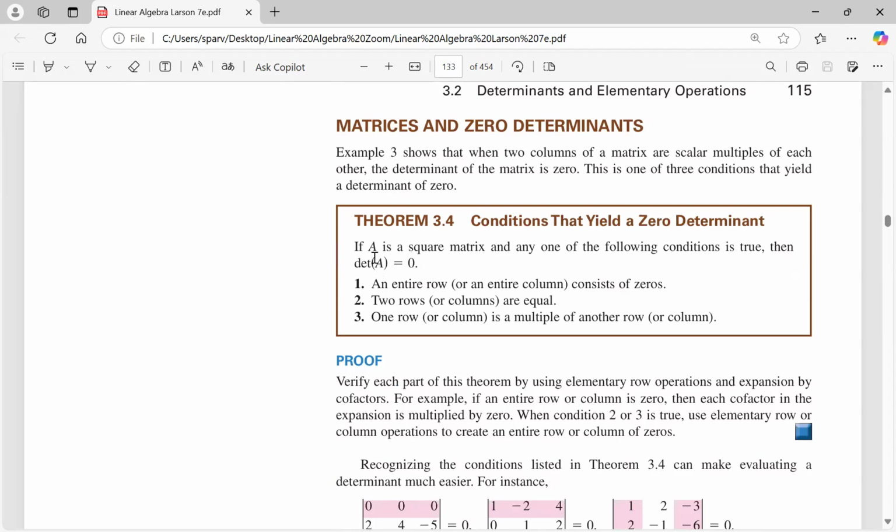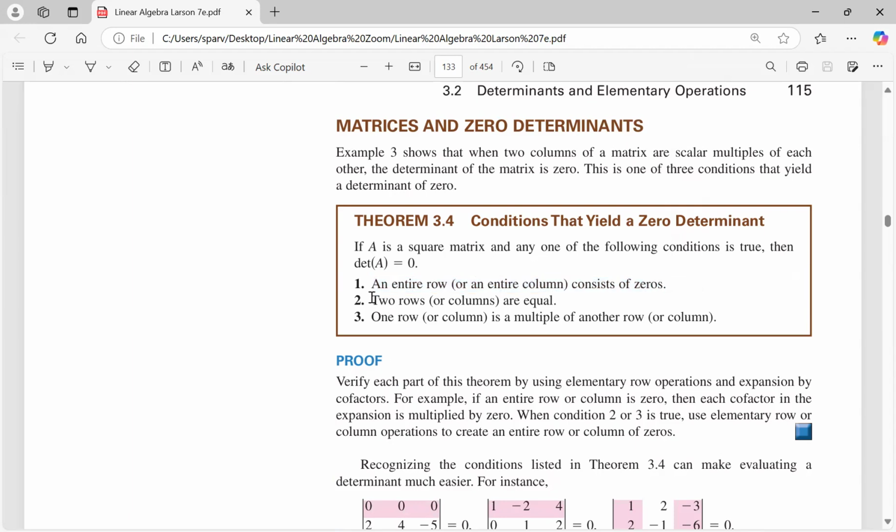If A is a square matrix and any of the following conditions is true, then the determinant is 0. If you have an entire row or entire column consisting of zeros, there you go. When that happens, that's the sign that there are dependencies between rows and columns.